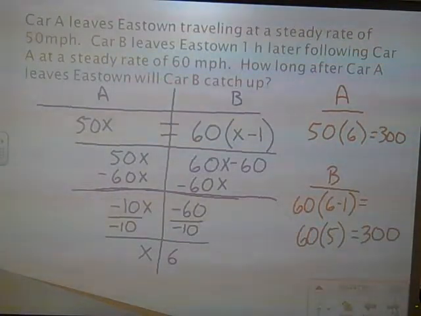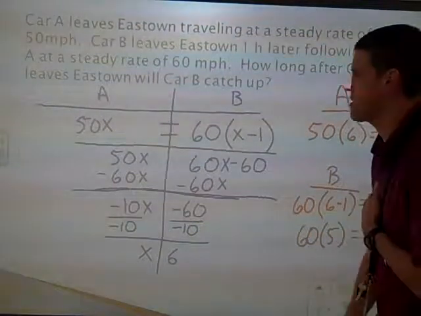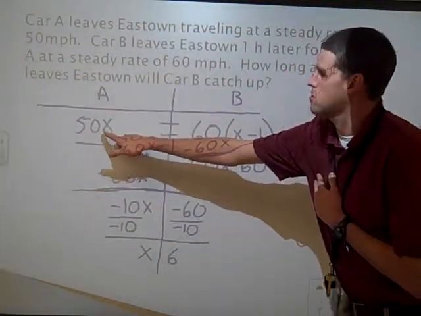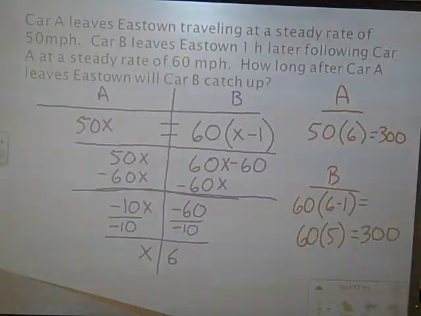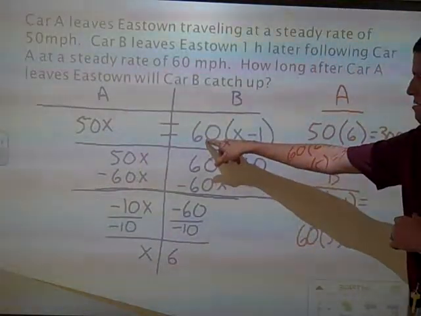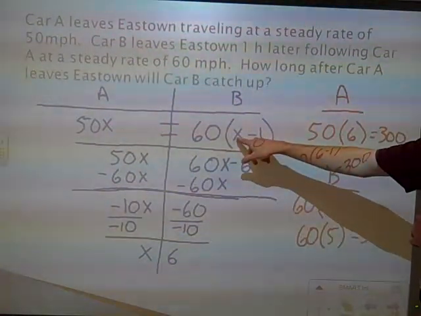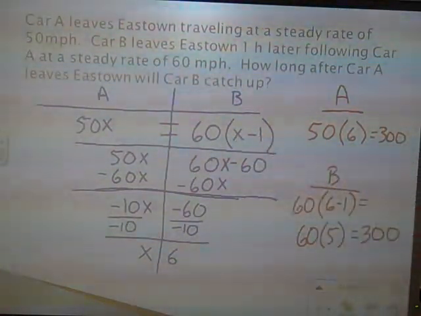And lastly, we had a problem very similar to our bike riding one. We had two cars leaving, one at 50 miles per hour and the other at 60 miles per hour. The question is how long after car A leaves Easttown will car B catch up. So we have car A driving at 50 miles per hour for a certain amount of time, and car B driving at 60 miles per hour for 1 hour less than car A. That's why we have the x minus 1.